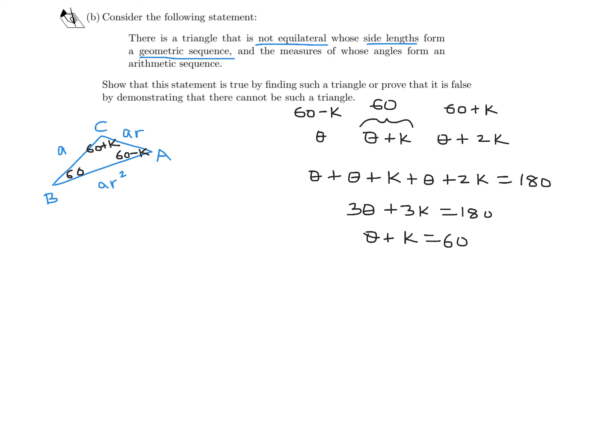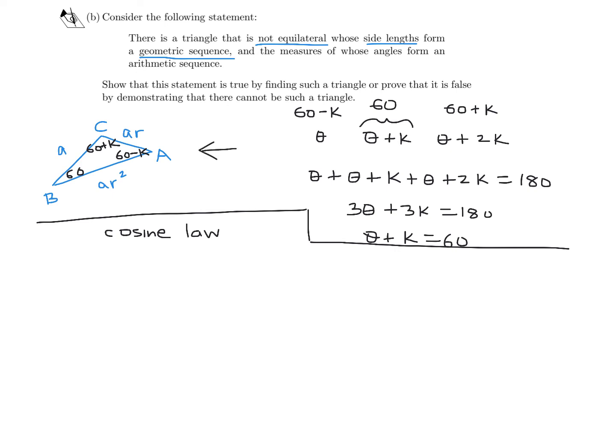That's the initial setup of the question. Now we use the cosine law, which you remember. We're using it on this triangle. So AC squared is equal to BC squared plus AB squared minus 2 times BC times AB times cos of angle ABC.